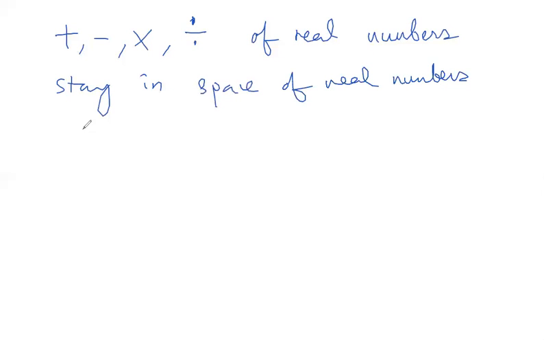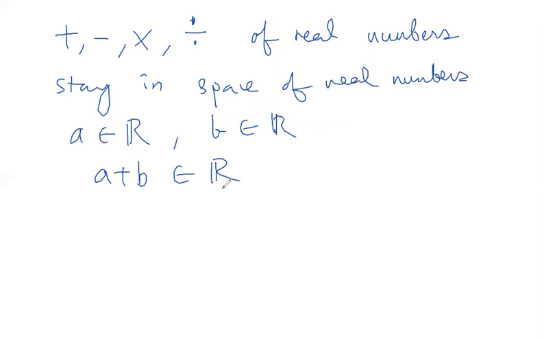For example, you have A is a real number, B is a real number. If you perform an operation of plus here, it's still staying in real numbers. Same if you subtract or multiply or divide. They will still stay in the same space, yeah? They won't go outside of the space.